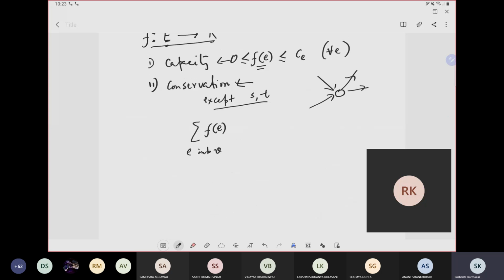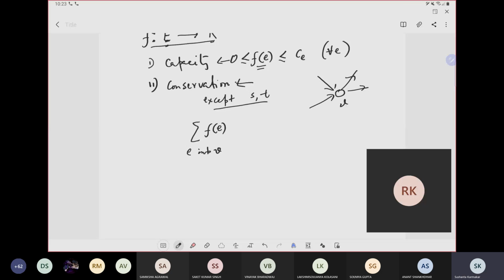Remember, it cannot be without outgoing edges, because then it would become a sink node. Similarly, if it doesn't have any incoming edges, then it becomes a source node. That cannot happen. So any intermediate node must have both incoming and outgoing edges.